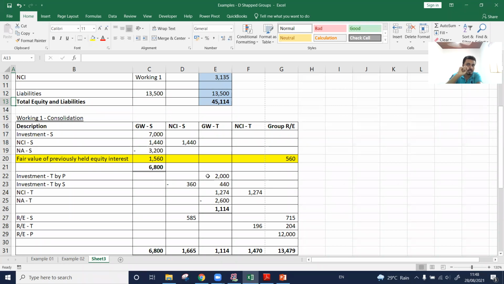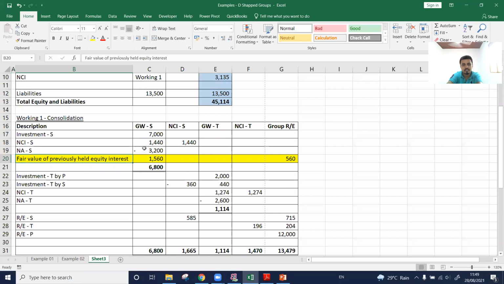Since with respect to S, it involves a step acquisition, earlier 10%, and then we have acquired a further 45%. Step acquisition in stages. Then in such cases, when determining the goodwill, we need to consider the fair value of previously held equity interest.